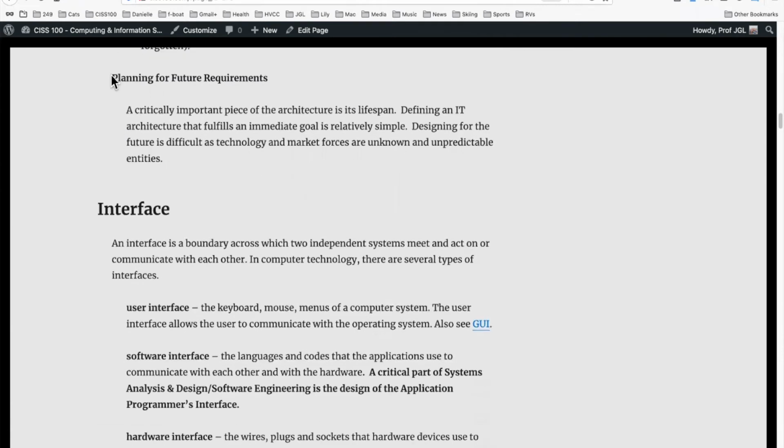Okay. Planning for future requirements, to some extent, it's intuition too. We're throwing darts. And this is where I've said we can never rest on our laurels. This is actually in the Association for Computing Machinery's Code of Ethics and Professional Conduct. It's our professional obligation to remain abreast of what's going on out there in the world.